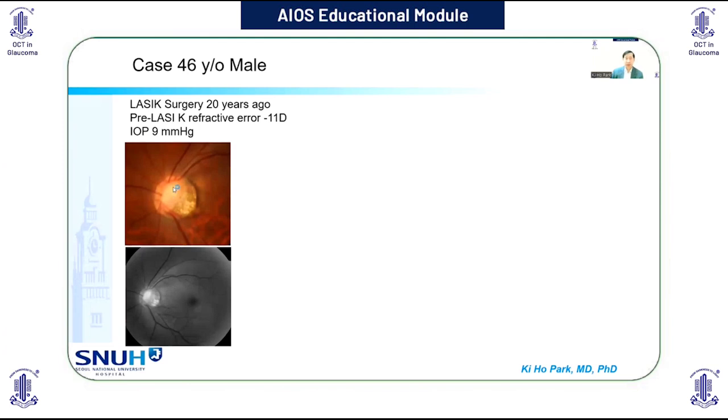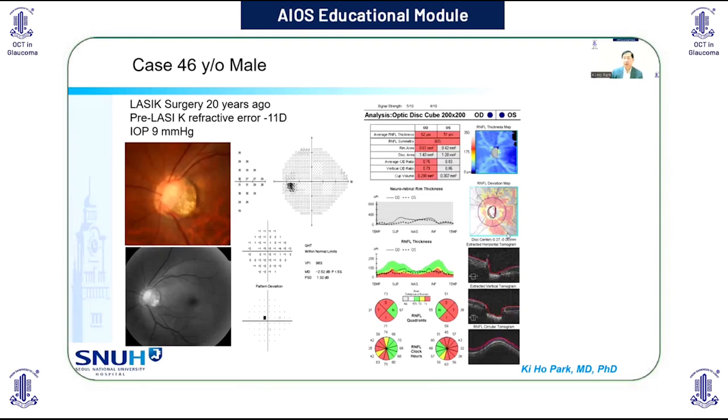The disc was tilted, and also the neuroretinal rim was thin in the superior and inferior part. Visual field was normal, and OCT is quite irregular. Some red disease was mixed, I think.